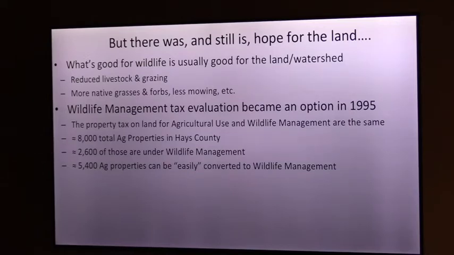Only 2,600 of those are actually under wildlife management. The others can't be making any money. So there are 5,400 ag properties that can be relatively easily converted to wildlife if the owners chose to do it.